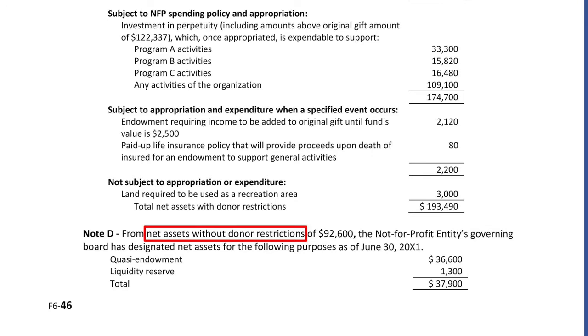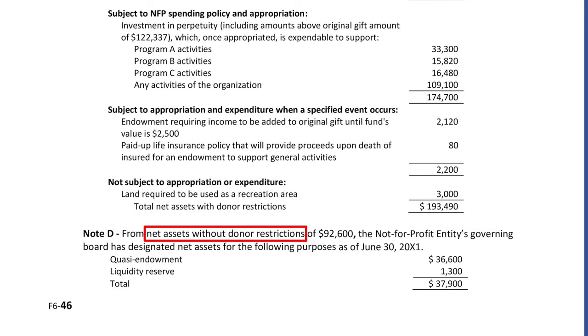So the amount here is $92,600, of which it says that the not-for-profit entity's governing board has designated certain assets for the below purposes. So you've got quasi-endowment and liquidity reserve. Overall, $37,900, which are included within net assets without donor restrictions.